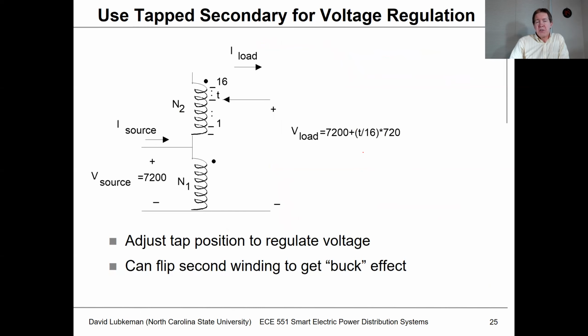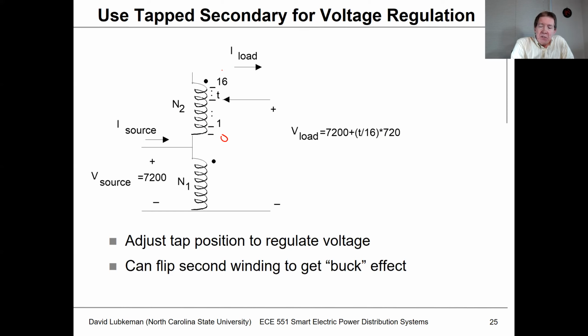Well, the way we would do this is I would take this secondary winding and I'd put taps along it where I could use up the entire winding, or I can just use none of the winding, basically. And so this would be kind of like tap position 0. It's just basically making a hard connection to the source, or I can use more or less of the winding. If I was using 16 taps worth, I'd be using the entire winding. If I'm using 8 taps worth, I'm using half the winding, right?